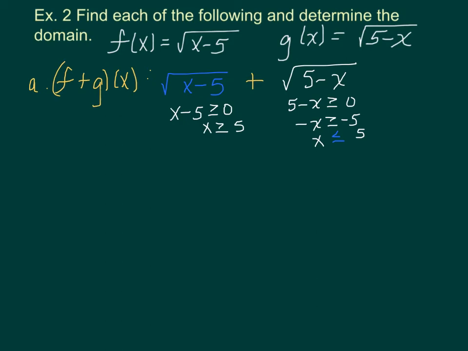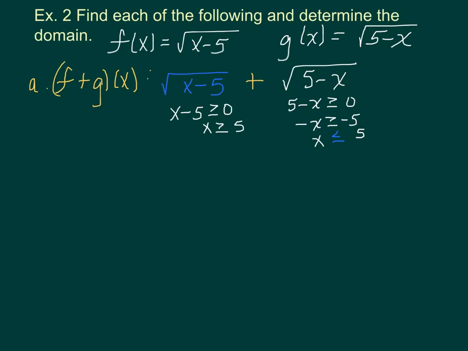So we have to figure out which of these domains I can use to keep both of my radicals non-negative. Okay, so the only way possible that we can do that is if our domain is just 5.